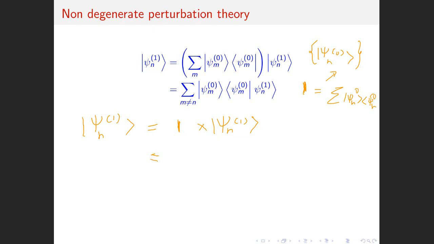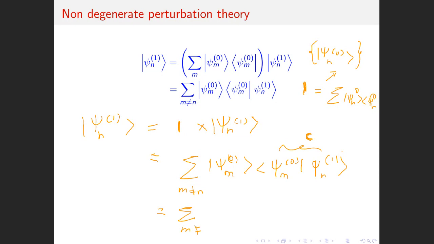So this gives you the sum over m not equal to n of |psi_m^0⟩⟨psi_m^0|psi_n^1⟩. And this is just some complex number, it's just a C number, so you can rewrite this as a sum over m not equal to n.